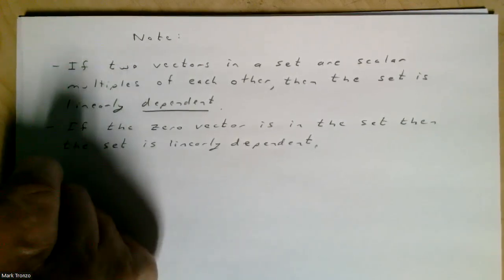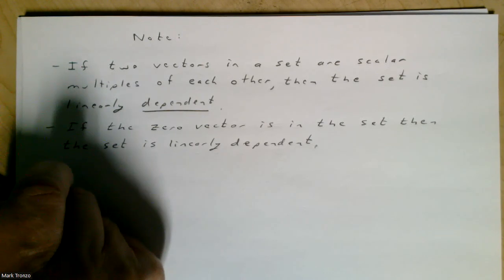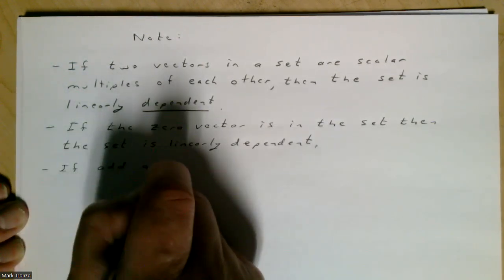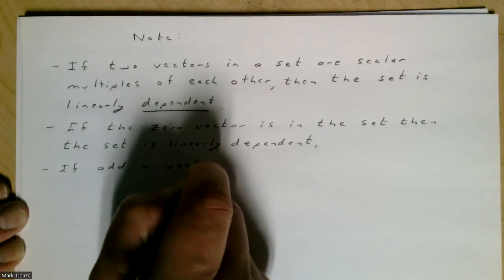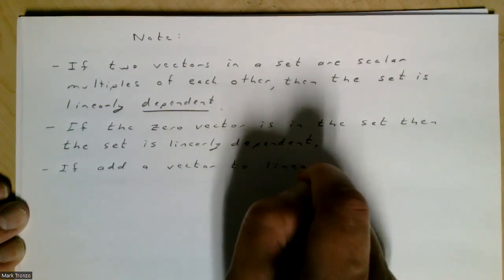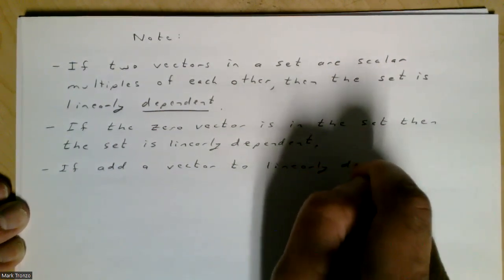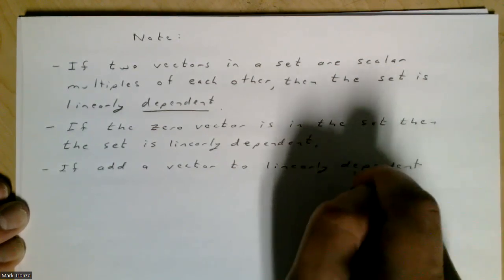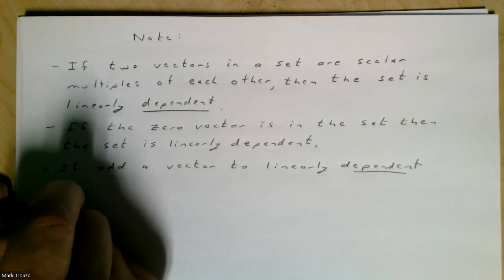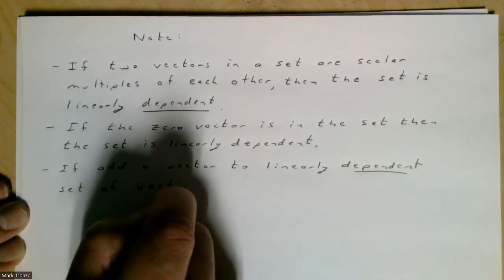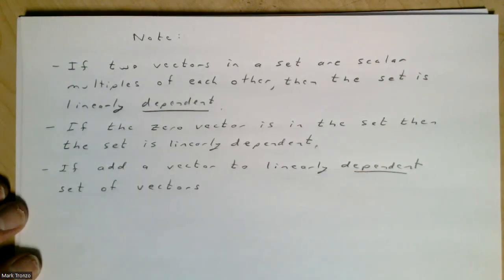And of course, if you add a vector to a linearly dependent set, that's only going to make it worse, you might say.